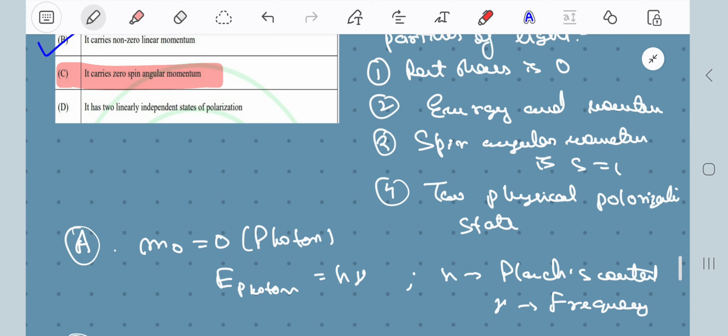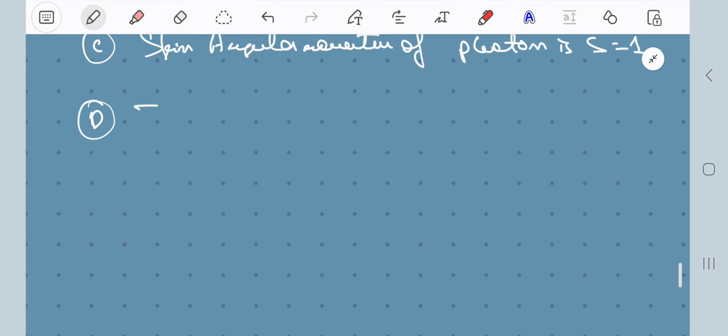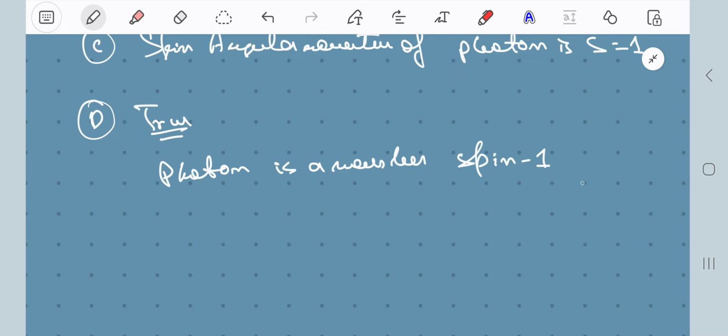Let's see number D. So it has only two linearly independent states of polarization. Yeah, that's correct. Why is that correct? Because see, a photon is a massless spin 1 particle, as I said previously.